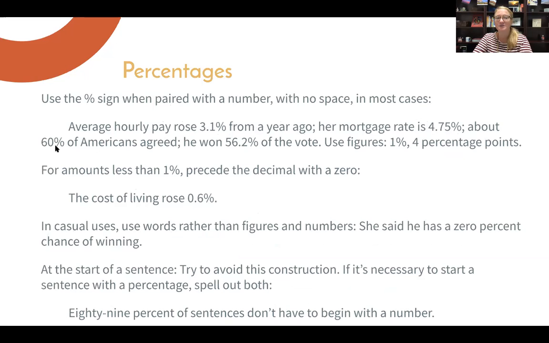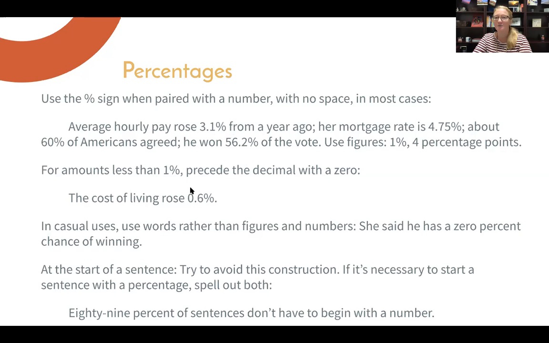About 60% of Americans agreed, and so on. This is different. If you see anything written from like 2 years ago, it would be 3.1, the word percent, 4.75, the word percent. That was a complete change in AP style, and now it is preferred to use the percentage sign.